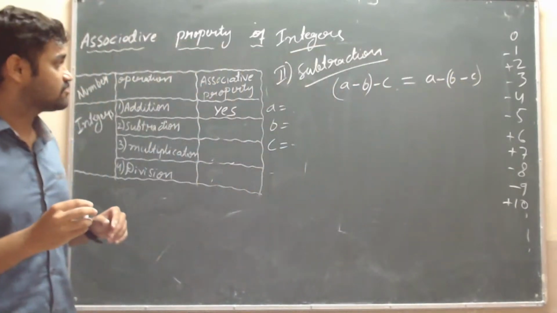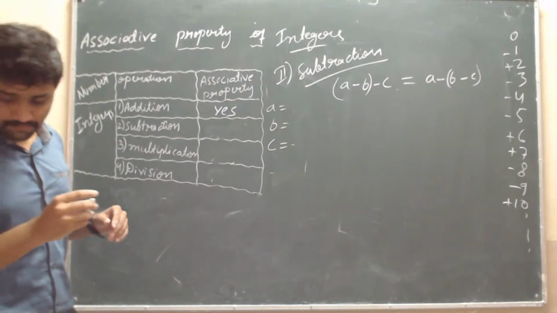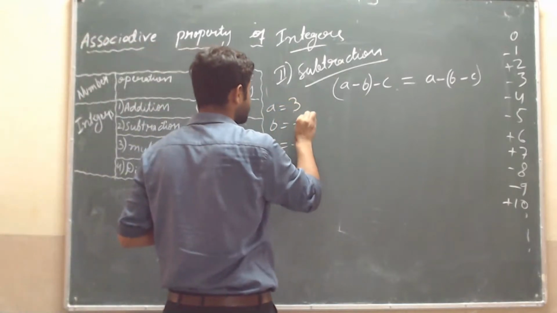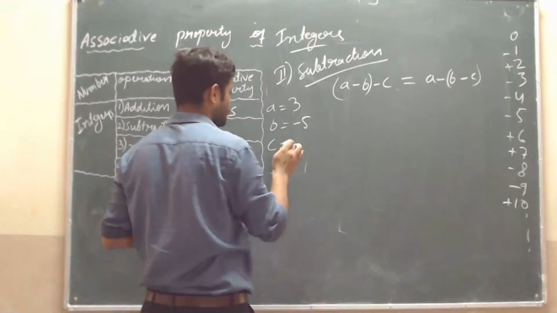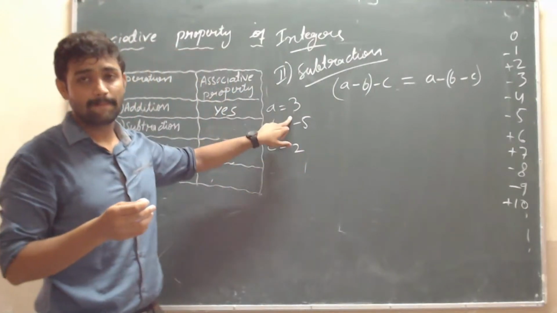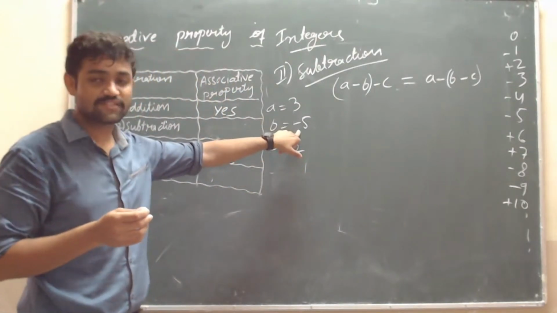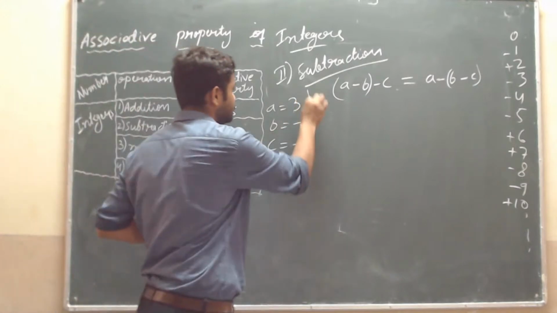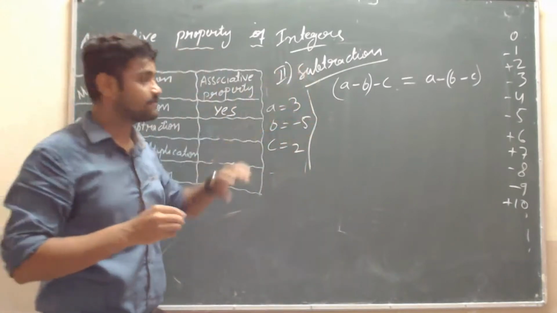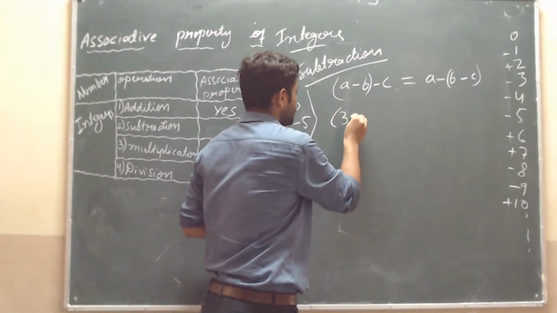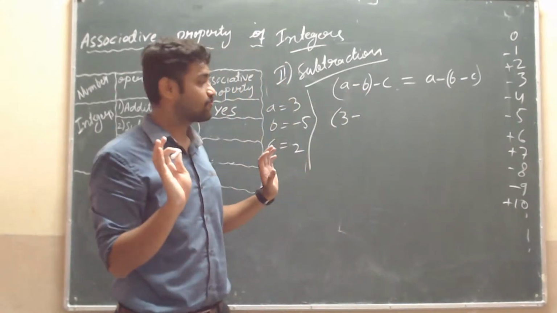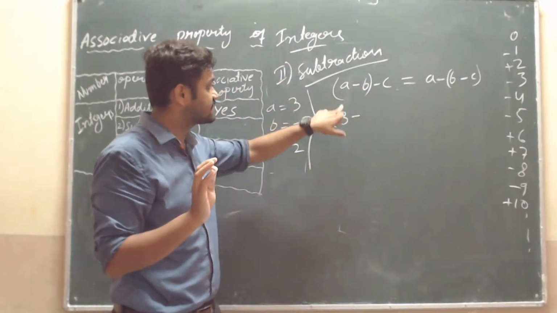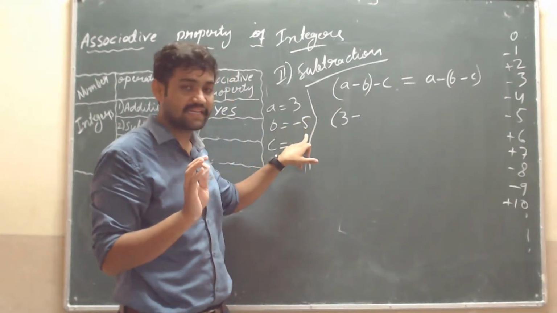Okay, substitute the values. A is equal to 3, b is equal to minus 5, c is equal to 2. Yes, sir, because 3 is also an integer, and minus 5 is also an integer, and 2 is also an integer. Substitute these values here. 3 minus, carefully listen here. A is 3, and b is minus 5.